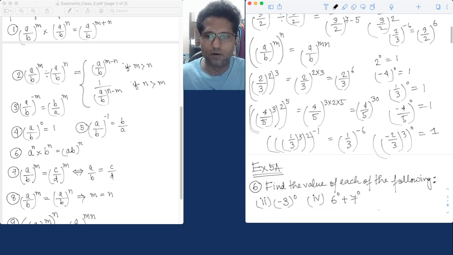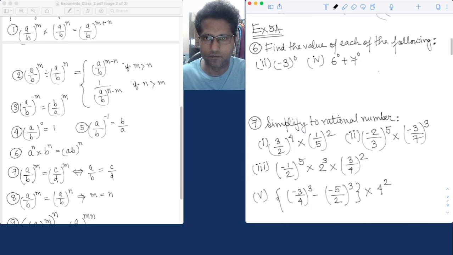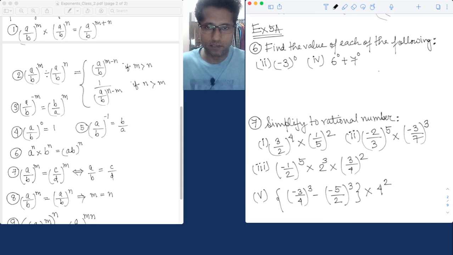Now let's solve some problems. This is exercise 5A from the textbook of author RS Aggarwal. Question number 6. These are some powers of 0. Let's do it one by one. This is minus 3 raised to the power 0.